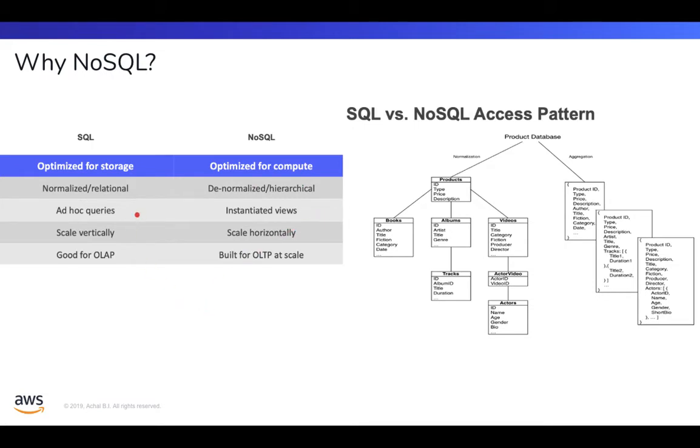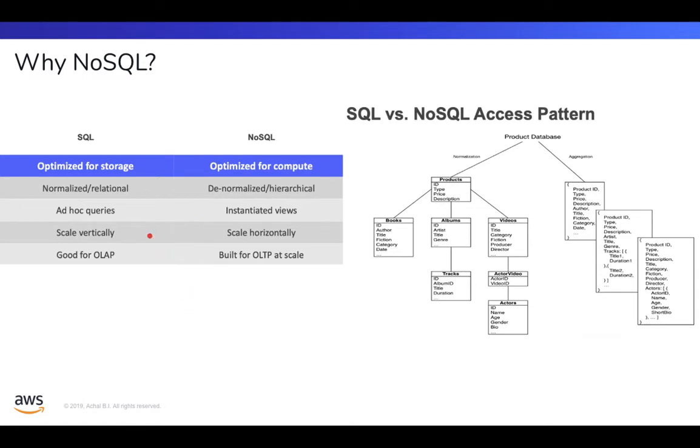SQL can handle ad hoc queries, but NoSQL should have instantiated views where we could access those views and retrieve the values. Otherwise, if you are trying to do ad hoc queries, it would be very expensive.